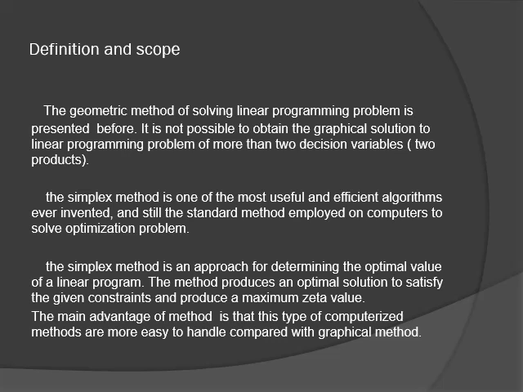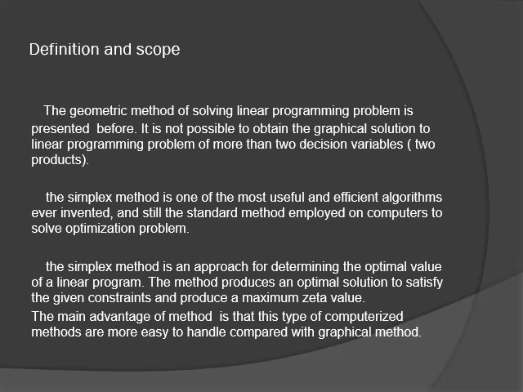Each graph contains two axes, vertical one and horizontal one. Each axis represents one decision variable or one product, say x1.